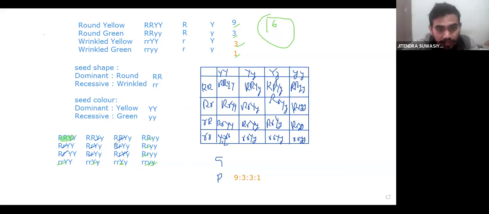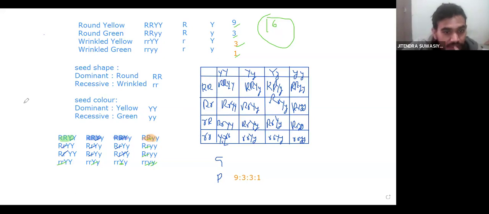Okay, only one. After that, how many have we found? This one, we have found one, total two. Okay, only two. Okay, then again, this one is only one.